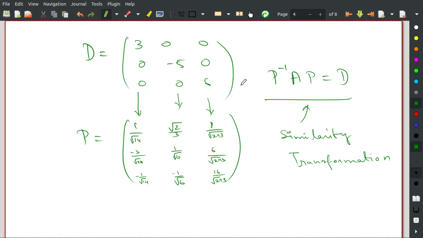So with this we complete the eigenvalue problem, the eigenvectors, diagonalization matrix and similarity transformation. Try to solve some other problems, and with this we have completed the eigenvalue problem and the similarity transformation in our syllabus. Okay, thank you.